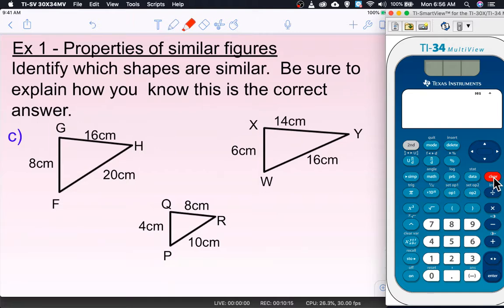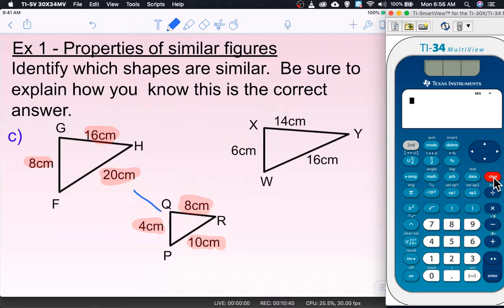All right, so if you looked carefully, the correct answer is these two triangles. And how would you know that just by looking at them? Well, if you take 8 and you times by 2, you get 16. 10 times 2 is 20. 4 times 2 is 8.